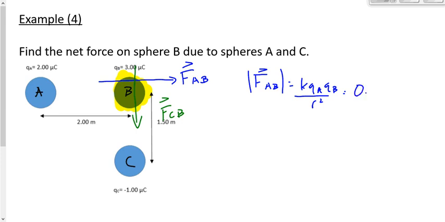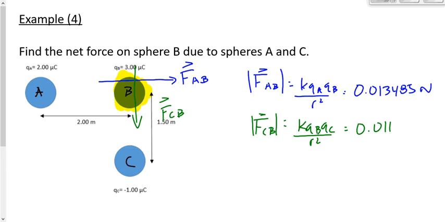It's 0.013485 newtons. The value of FCB, again, exactly the same as it was yesterday. That value works out to be 0.01198 newtons.